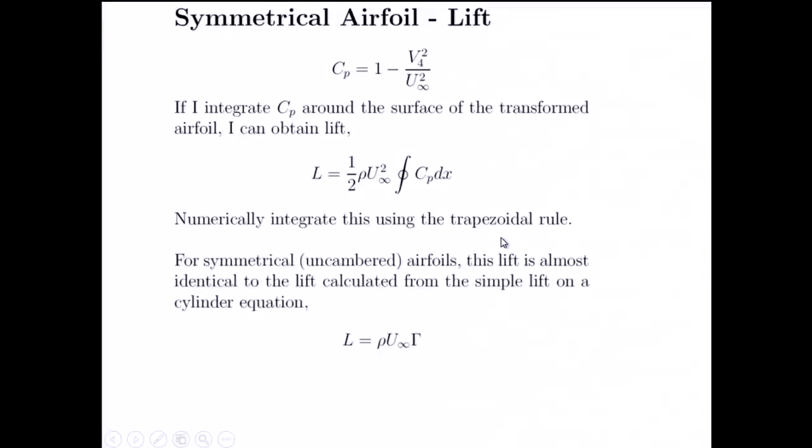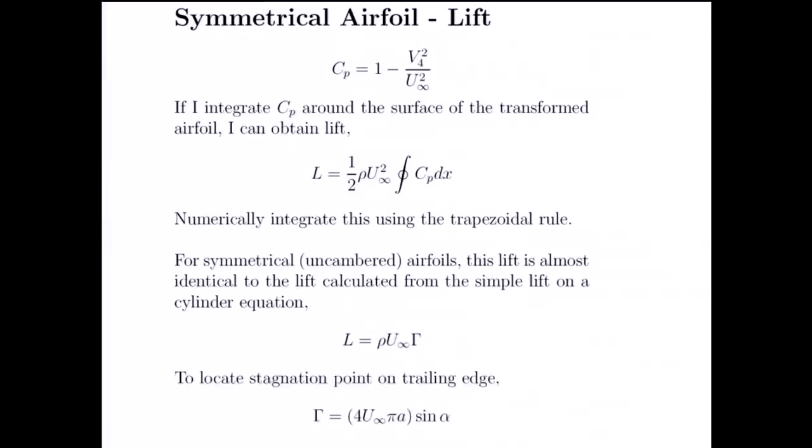And for symmetrical airfoils, the lift is almost identical to the lift calculated from the cylinder case. So this is the formula you got in the previous lectures where you were looking at the Magnus effect. You have a cylinder and you have a circulation around it, and this is the lift equation. So if you numerically integrate the pressure around the airfoil, you should get something very close to this.